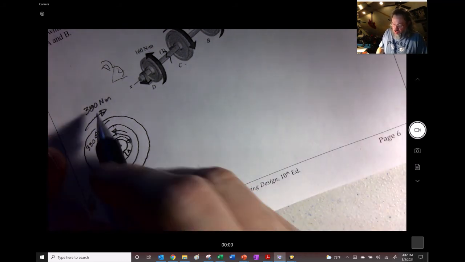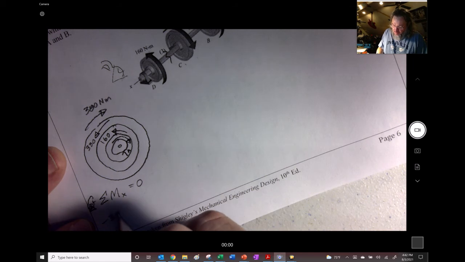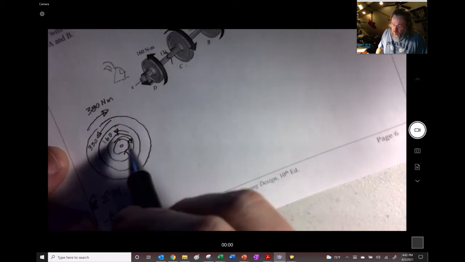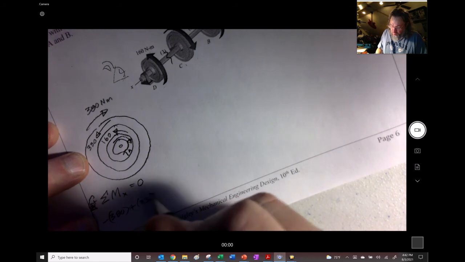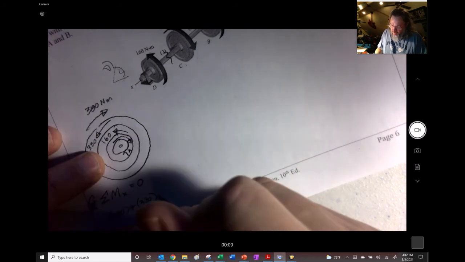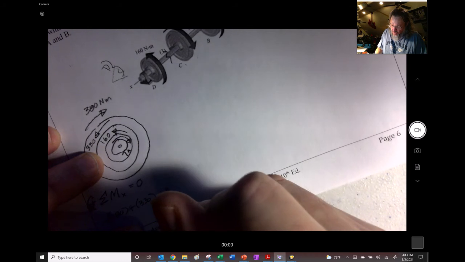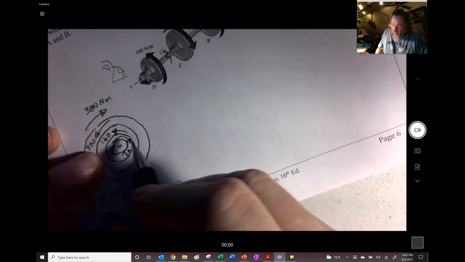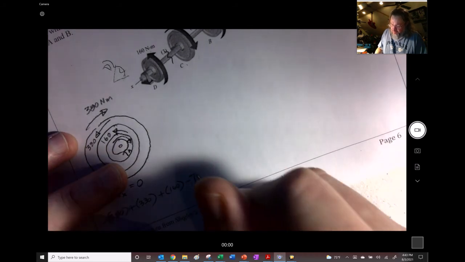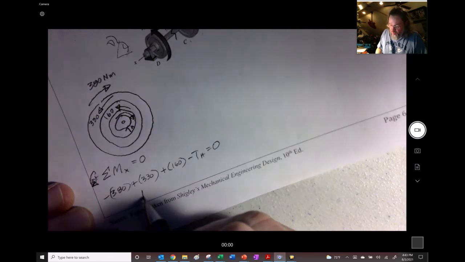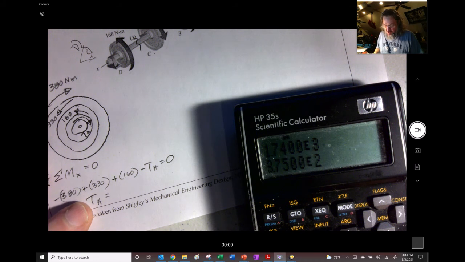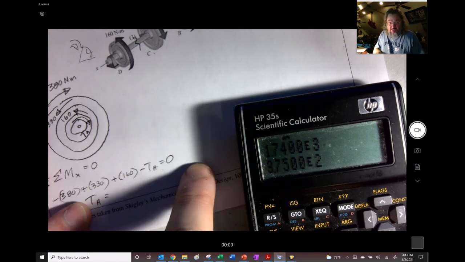And so I said that we have negative 380 plus 330 plus 160 and then minus TA equals 0. We would find that TA is equal to, let me see, I'll bring that TA over to the side in my head.